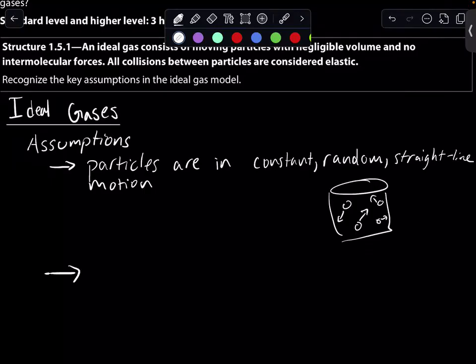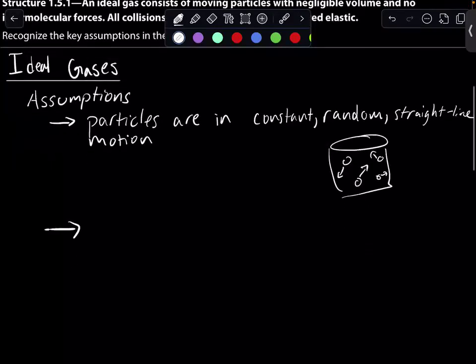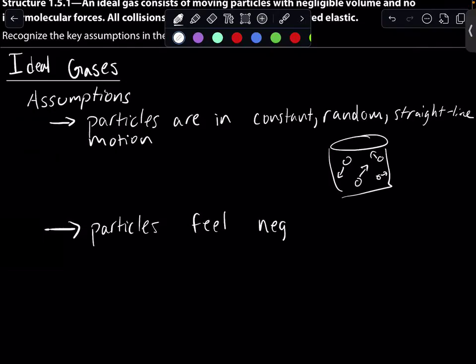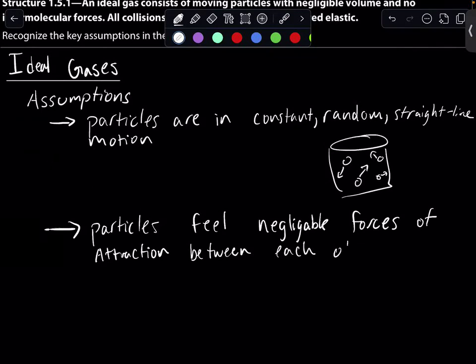Moving on to how they move in straight lines. Well, that's because the particles feel negligible forces of attraction between each other. Most particles do feel some form of attraction.